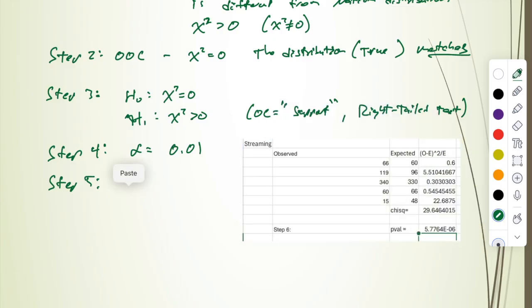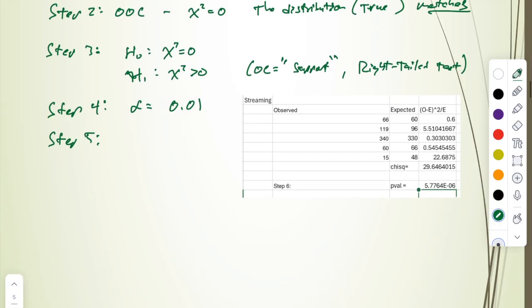All right, so chi-squared here equals 29.6464. Step 6, P value equals 5.7 times 10 to the negative 6.